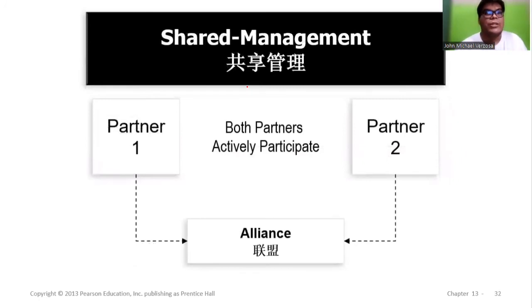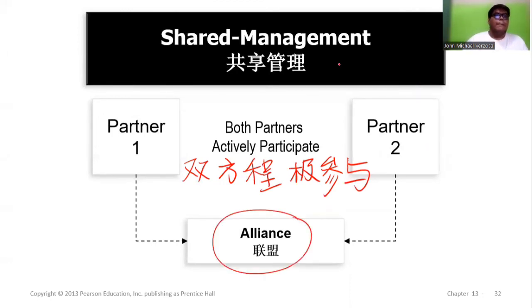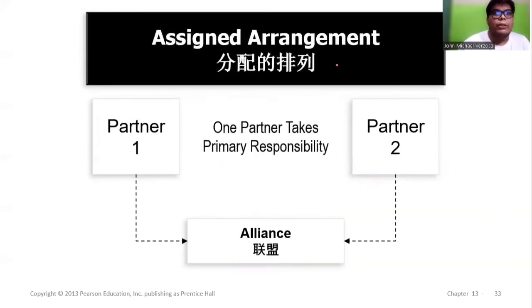Yeah, so this is the shared management. So both partners actively participate. Okay, so this is what happens. So we form the alliance. Now for assigned arrangement, only one primary.